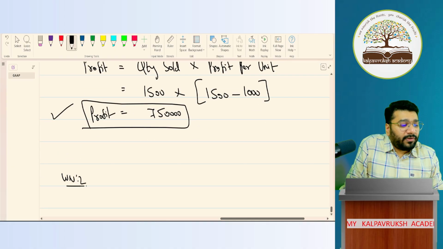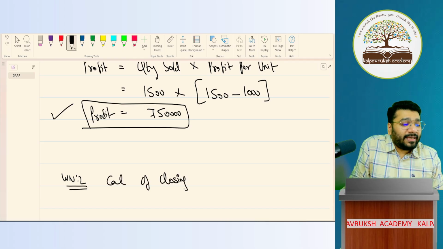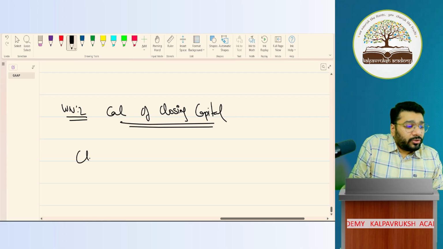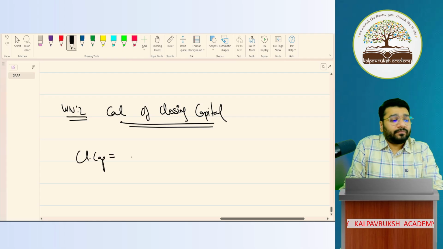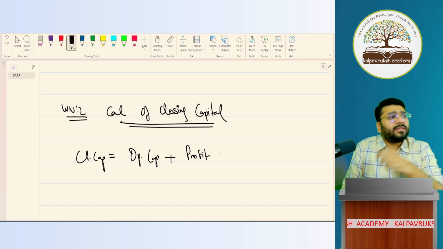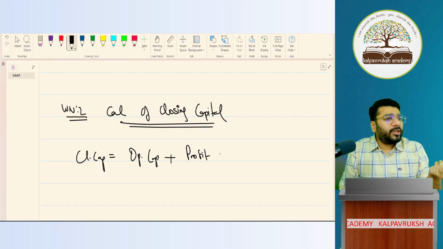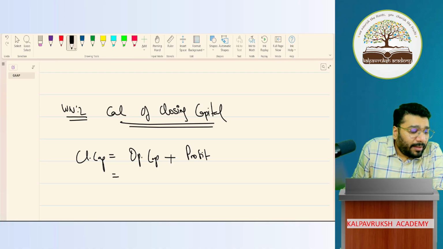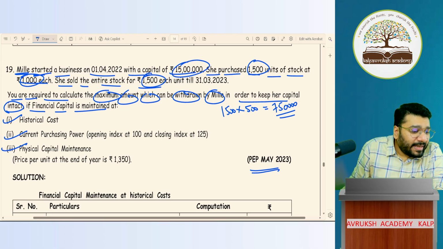Next, working note number 2. Calculation of closing capital. Closing capital is equal to opening capital plus profit. In this case, there are no drawings and no additional capital, so I will not create the formula unnecessarily. How much is opening capital? 15 lakhs.